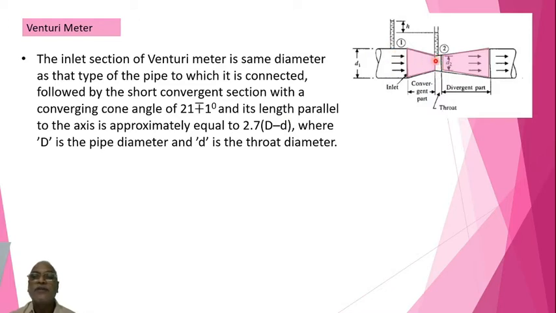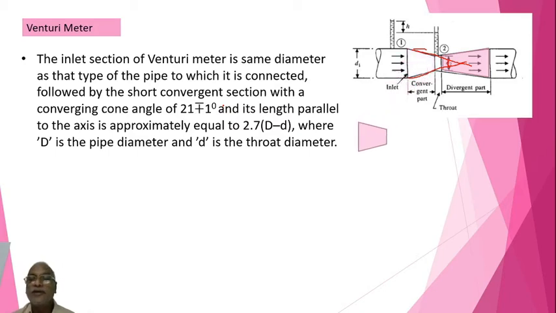So this difference (D minus d) multiplied by 2.7 would be the length of convergence. Its angle means, if you extend this convergence and extend this also, the angle created over there will be of that magnitude, that is 21 plus or minus 1 degrees.